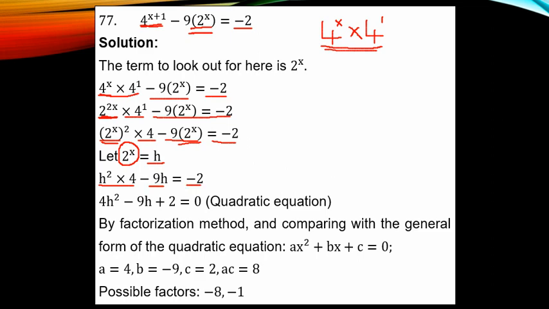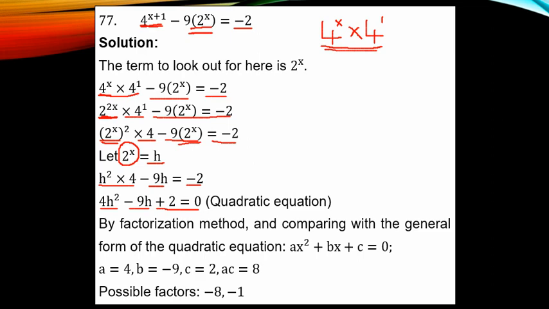So the power of 2 clearly shows that we have a quadratic equation, and in that equation the right hand side is always 0. So you have to transfer minus 2 to the left hand side, it becomes positive. So you have h squared times 4, that is 4h squared minus 9h plus 2 equal to 0.